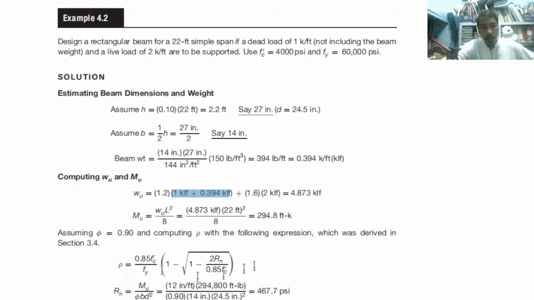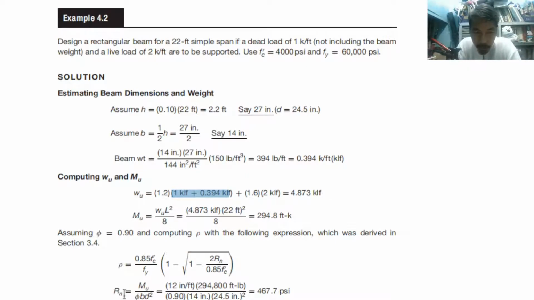And what is Rn? Take note of the value of Rn. So let us memorize the value of Rn. Rn is equal to Mu over phi BD squared. That is the value of Rn.